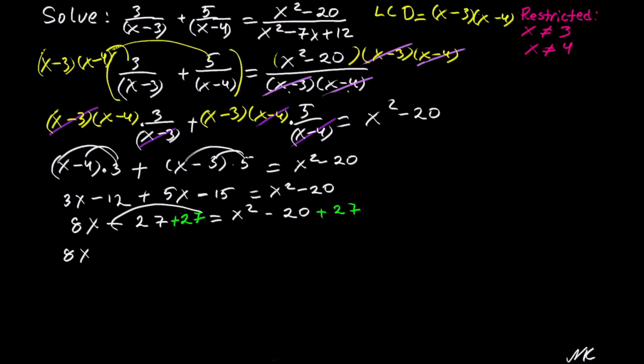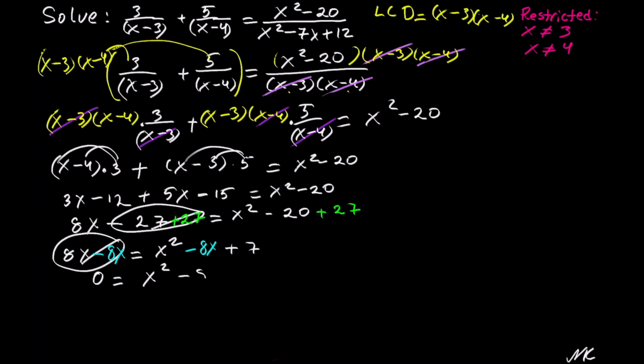Negative 27 plus 27 adds up to 0 is equal to x squared. Negative 20 plus 27, the difference is 7, and we have more positives, so we have plus 7. Let's subtract 8x on both sides, and we get 8x minus 8x adds up to 0, so we have 0 is equal to x squared minus 8x plus 7.